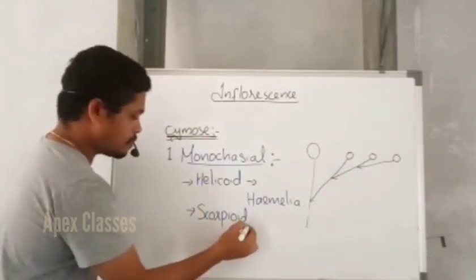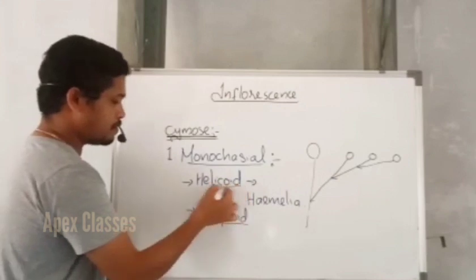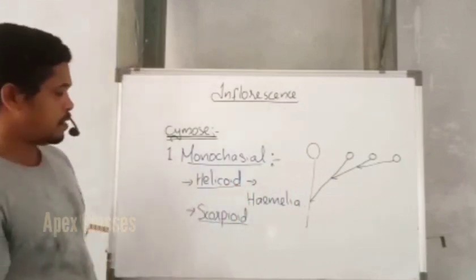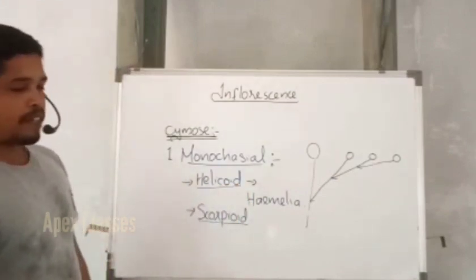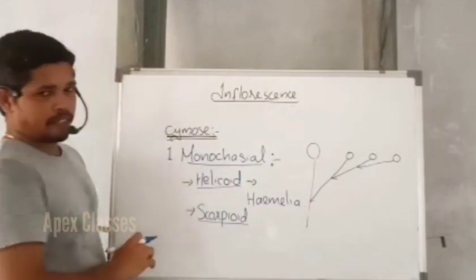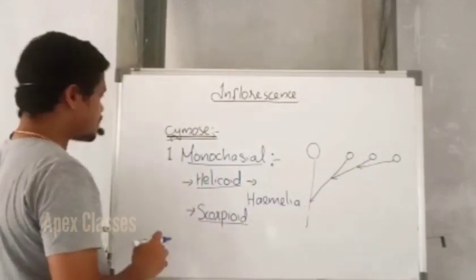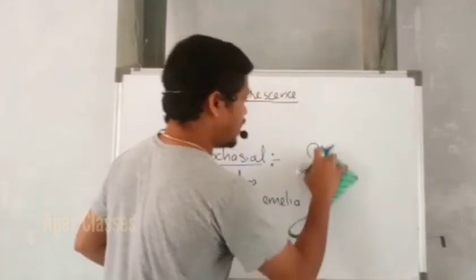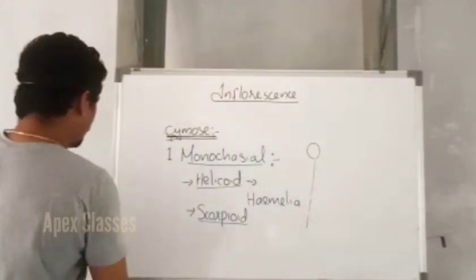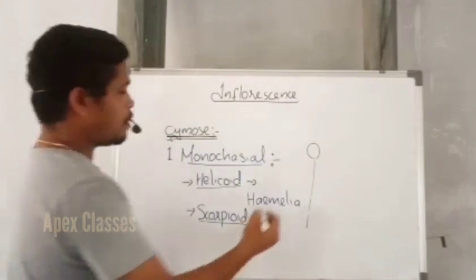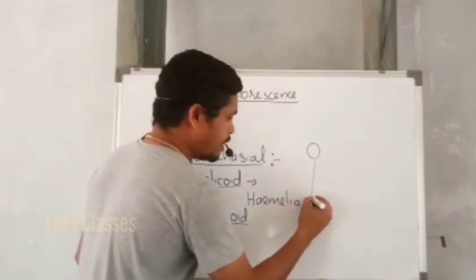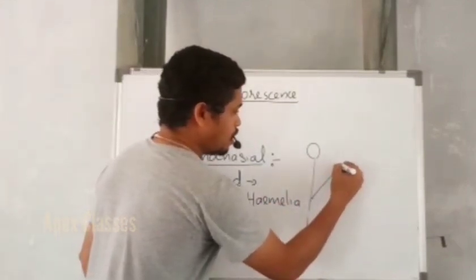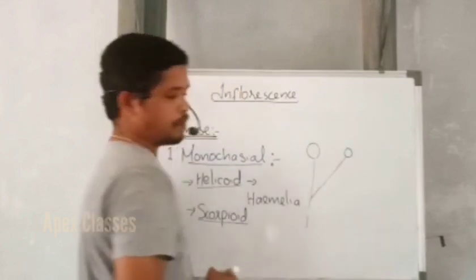The second type is scorpioid monochasial cyme. In this type, here is the main axis. It terminates into a flower. From the main axis, one lateral branch is raised, which also terminates into a flower.